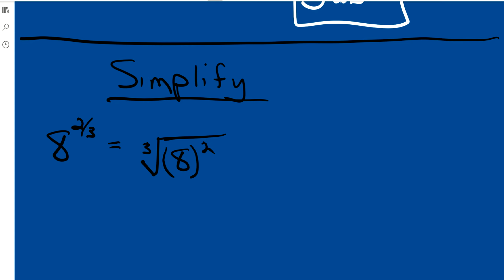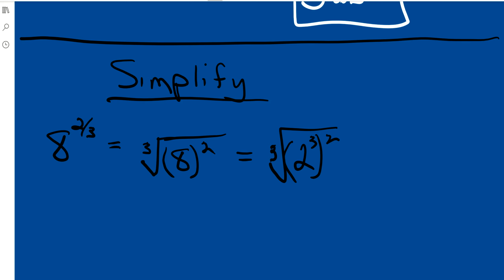Okay, so let's try it. That's the way I like to do it. Take the smaller numbers because they're easier to work with. So this would be like saying, what's the cube root of 8, which is the cube root of 2 raised to the 3rd power. And then all this raised to the 2nd power.